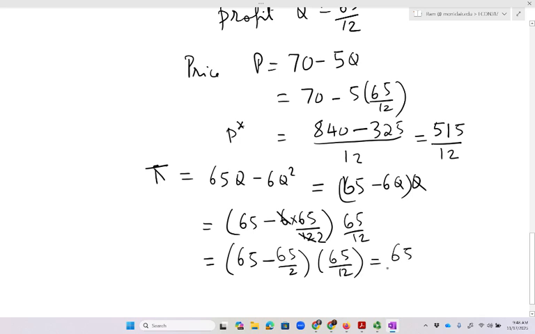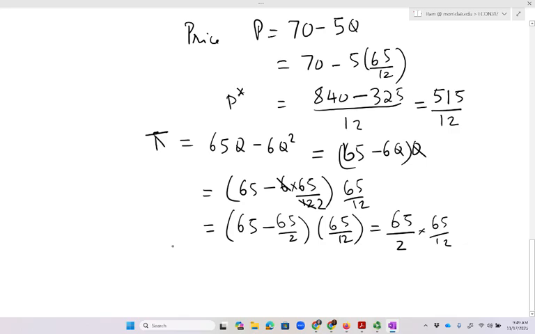We can see I get 65 over 2 by simplifying the terms in the first parenthesis, and then I have 65 over 12. The profit turns out to be 65 times 65 over 24.